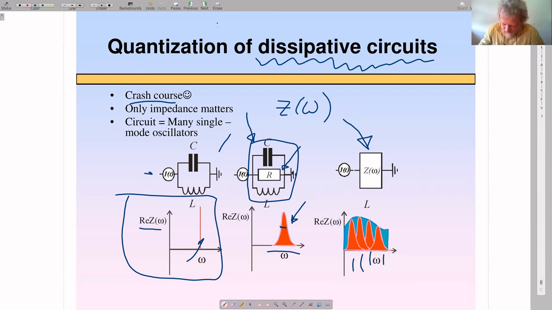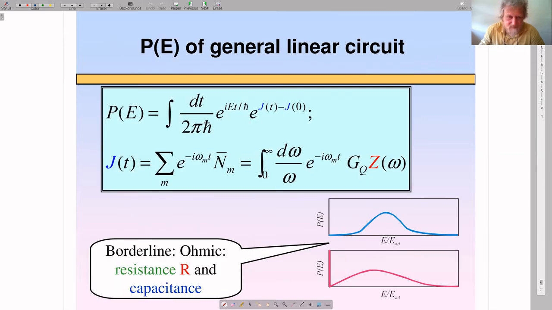Let's see. Okay, differential. Good. This is the result.